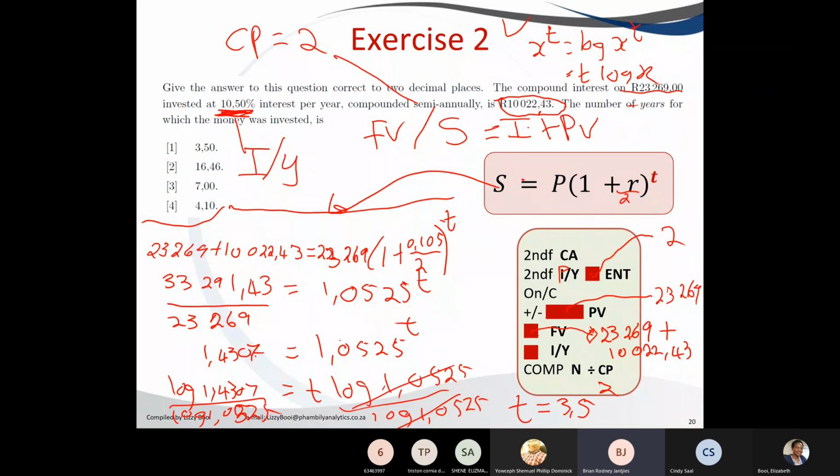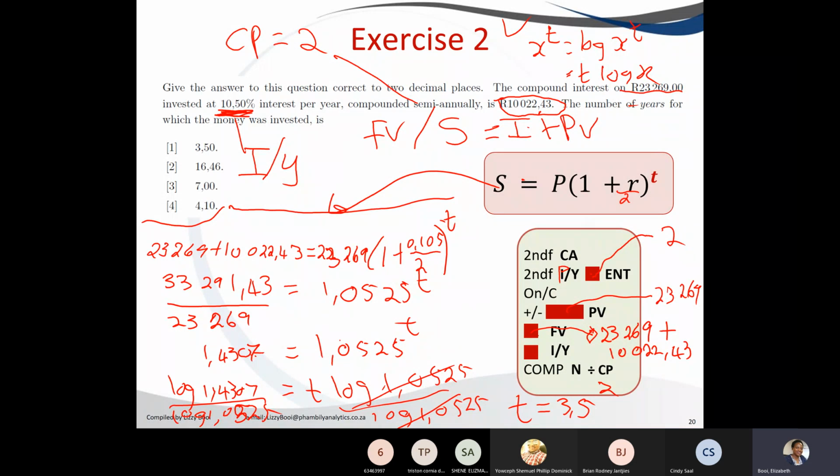But yeah, so option 1 is the answer there. Yes. So when you divide the log of 1.4307 by the log of 1.0525, because I didn't calculate that, it equals 6.9.